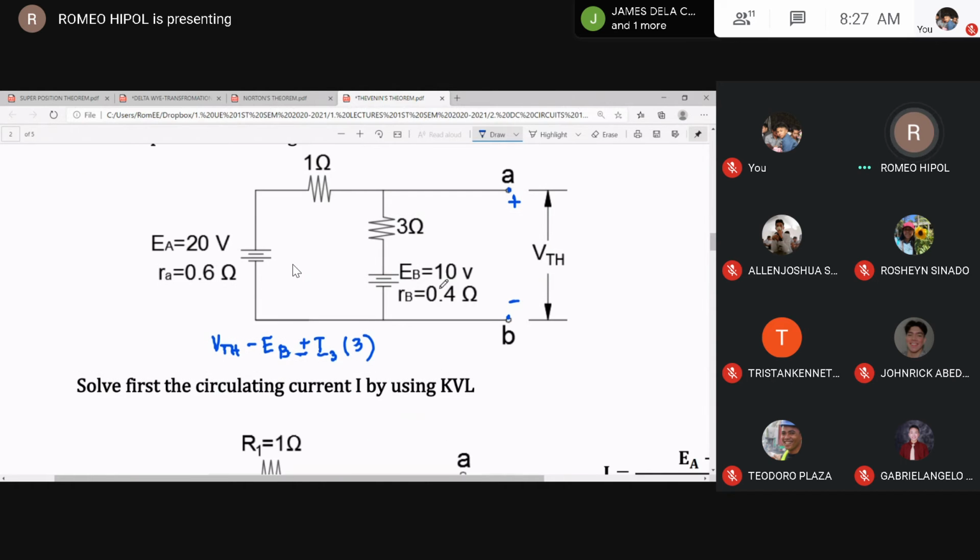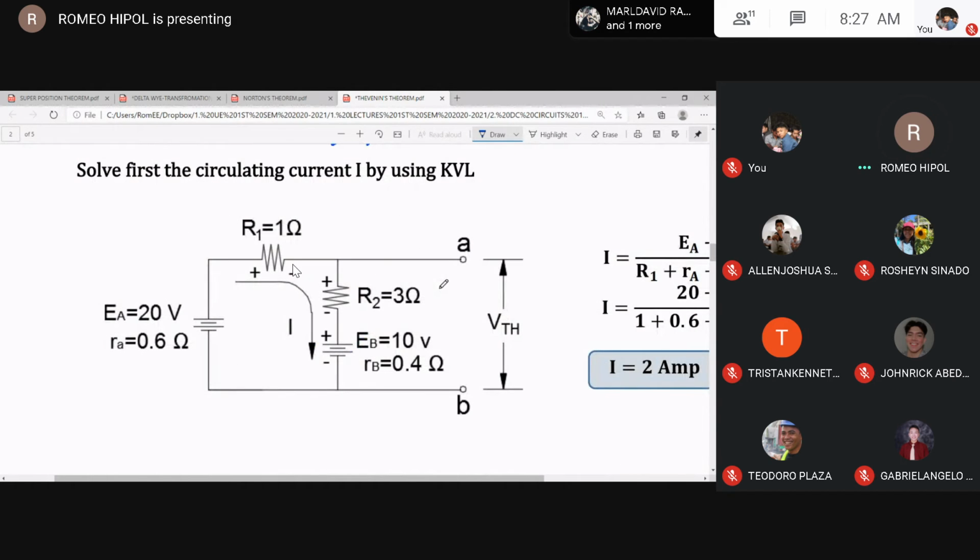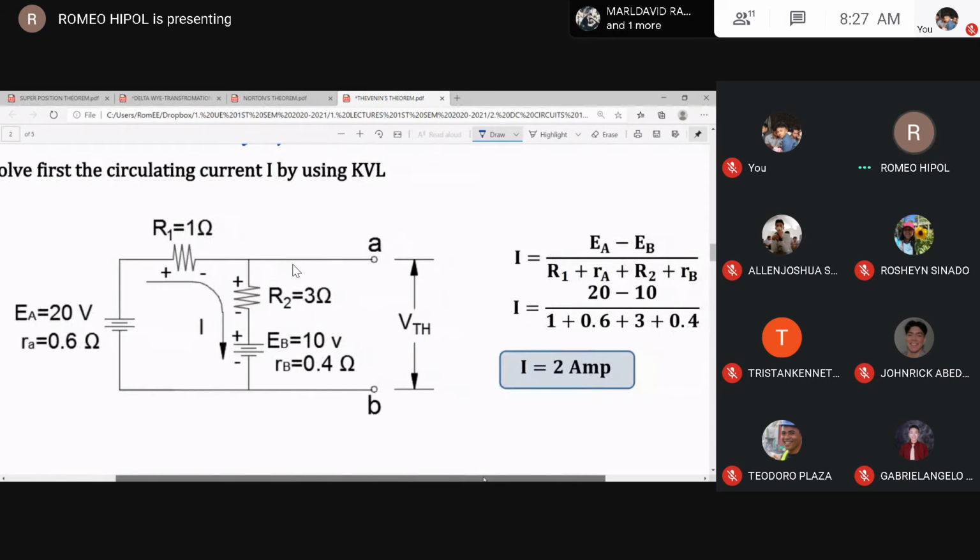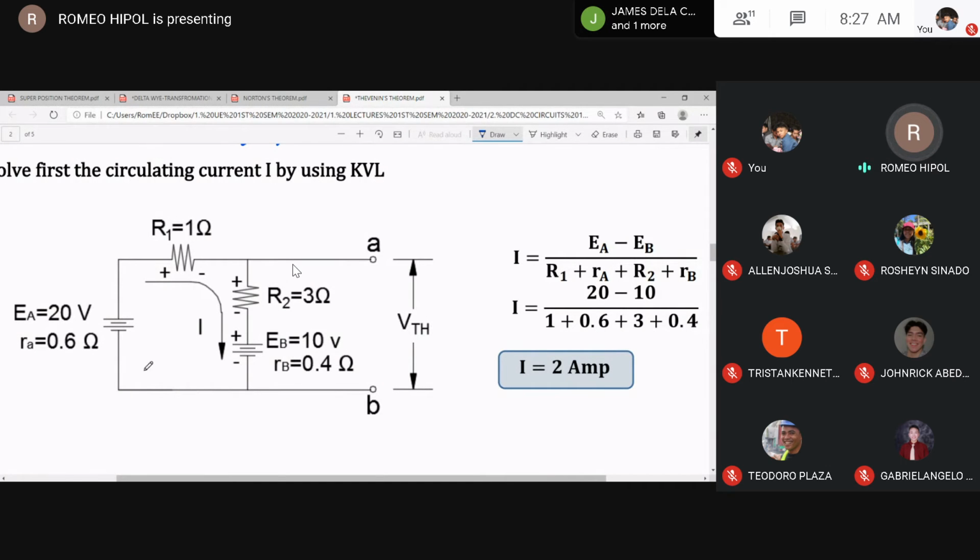So, tayo sa baba. By solving the circulating current at this closed loop, so we can apply KVL. KVL pa rin. Kasi since given na yung mga supply and the equivalent resistances, so we are going to find the circulating current. Naintindihan? So by applying KVL, so ito yung formula.